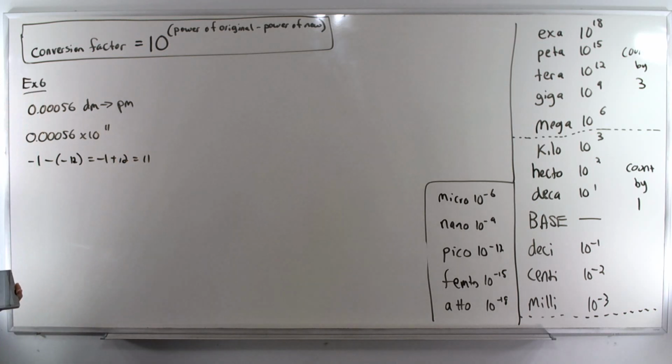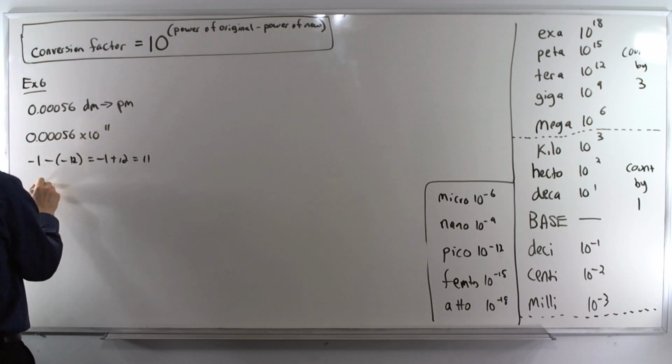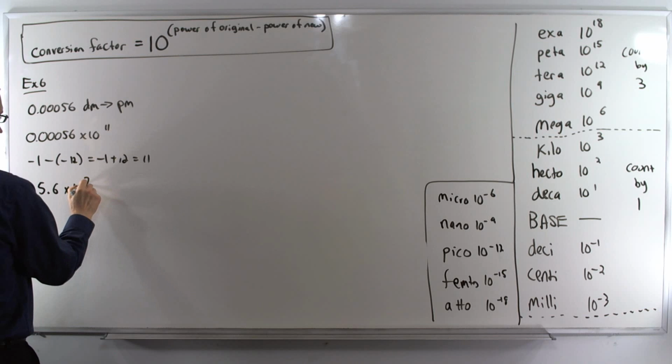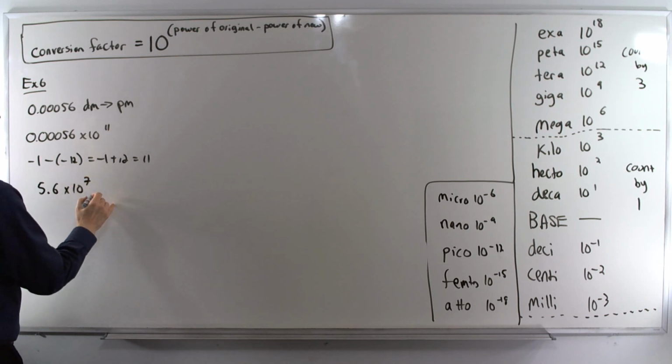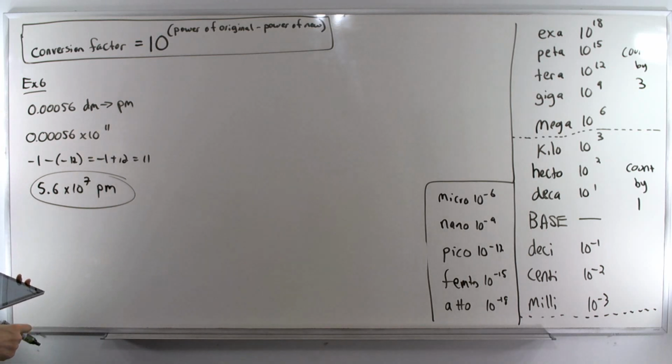So two different ways you can get that 11 exponent. Now multiplying this out, we get 5.6 times 10 to the 7 picometers.